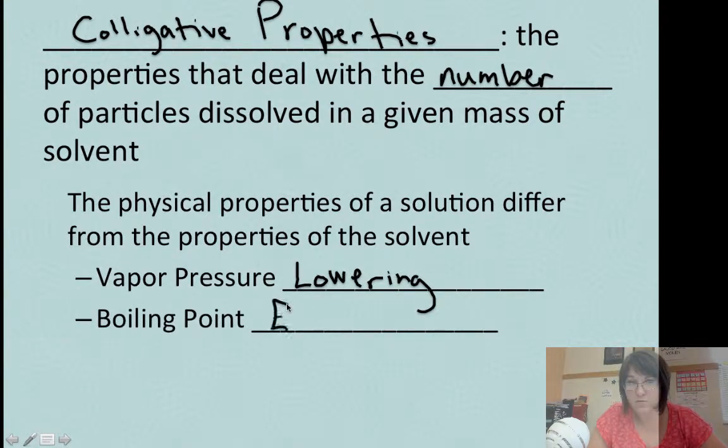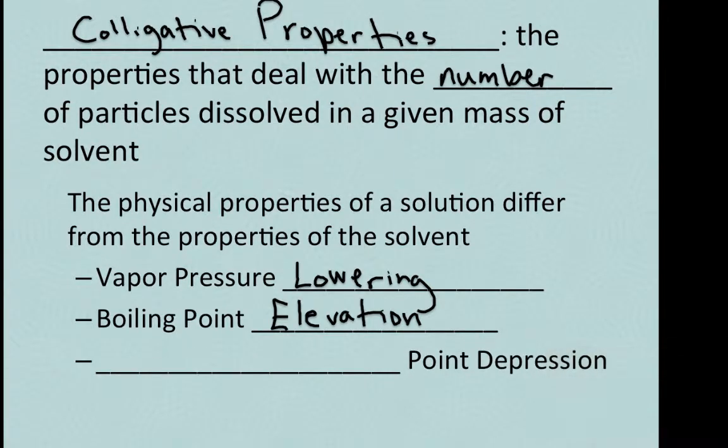And that results in boiling point elevation, because adding a solute to a substance causes the boiling point to increase. And finally, we have freezing point depression, because adding a solute to a pure solvent results in a lower freezing point, freezing temperature.